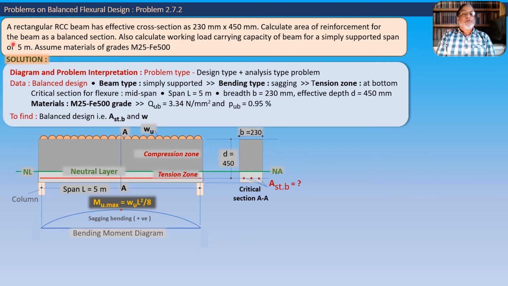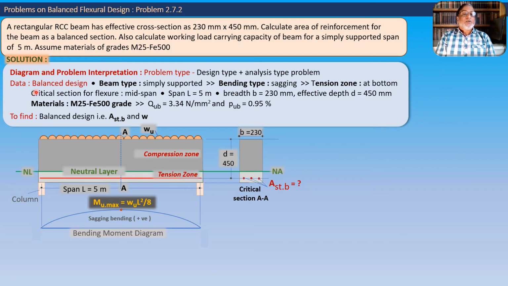In design type we are getting partly data given, as the cross section is given but the second part is not given, whereas the analysis part follows the design part because they want us to calculate the value of load carrying capacity. So this analysis and interpretation of the statement of the problem will make the action clear about the solution of the problem. So we classify this problem type as design type plus analysis type problem.